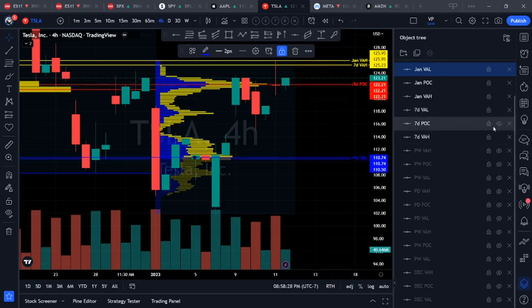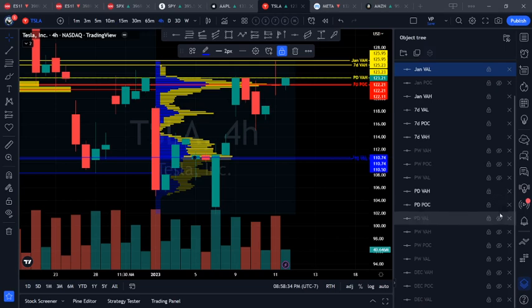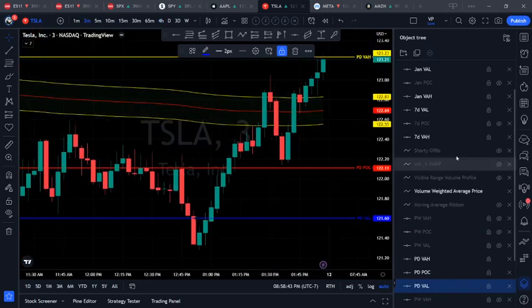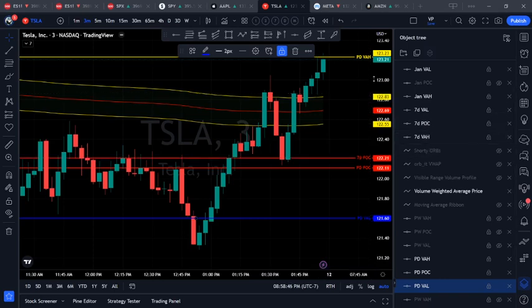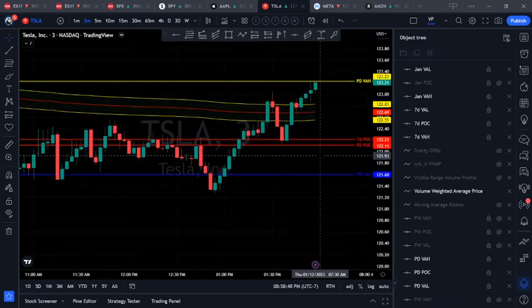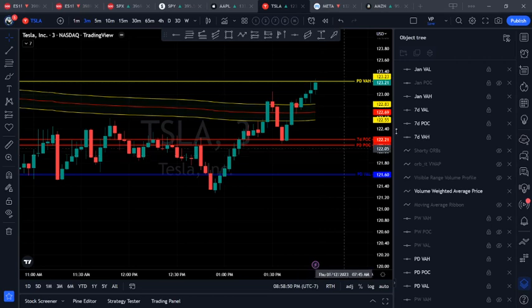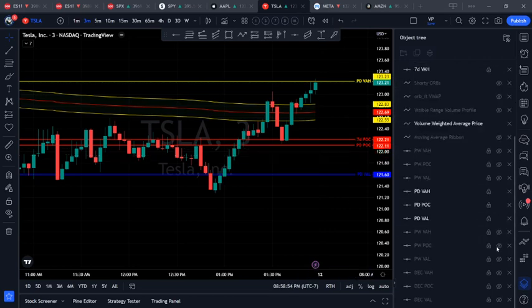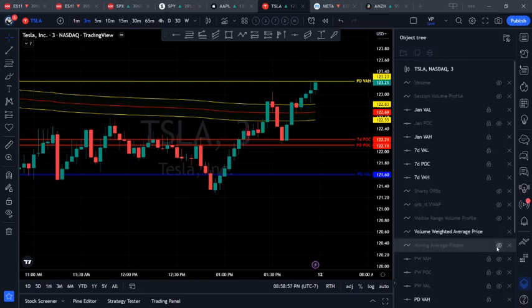Yep, a lot of POC action. So I like to hide anything that really overlaps. Well, that's not too bad on the 3-minute though. All right, that looks good for Tesla.